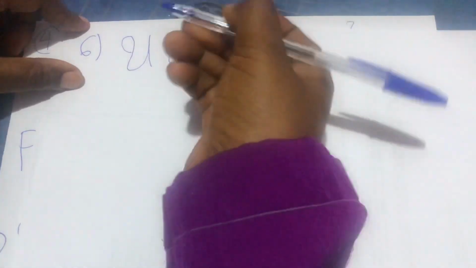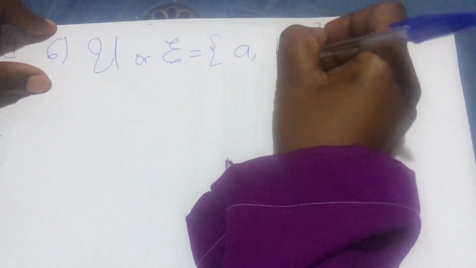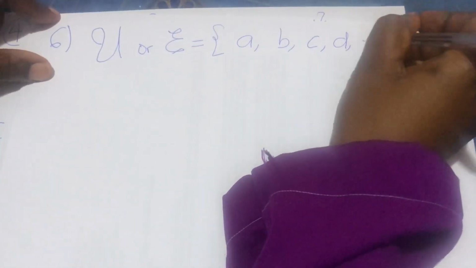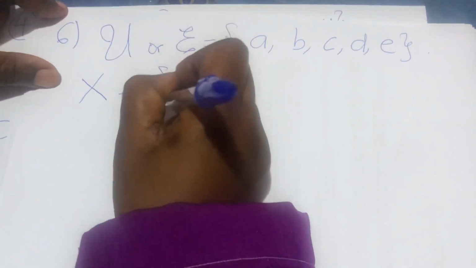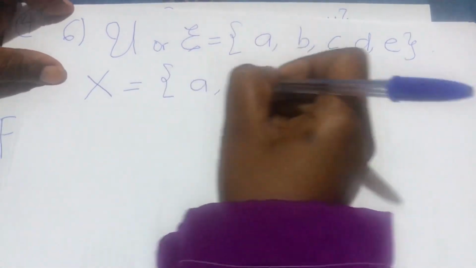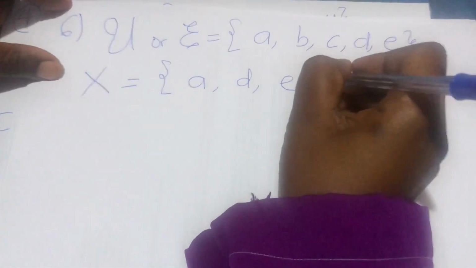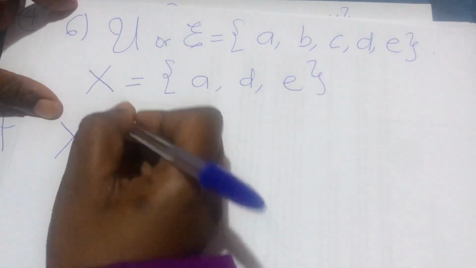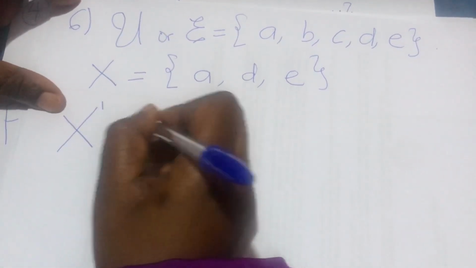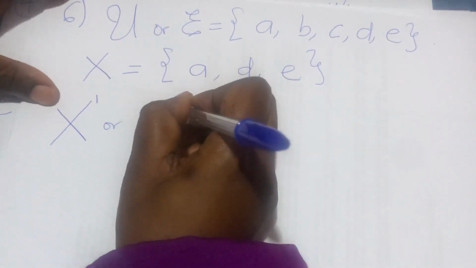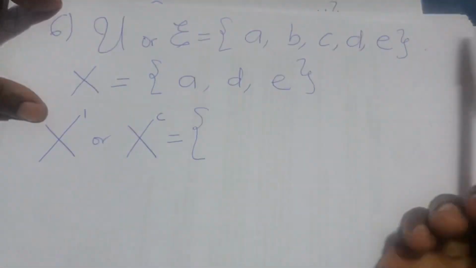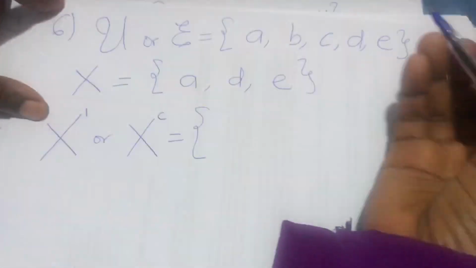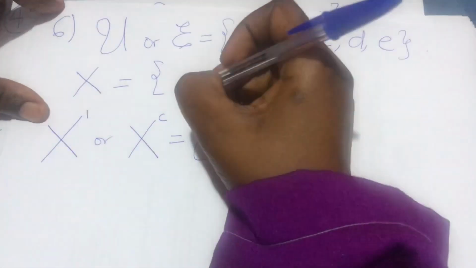So let's say the universal set is A, B, C, D, E, and X contains the elements A, D, E. We want to find X prime, or X complement, which will be all the elements that we can find in the universal set but cannot find in X. Those elements that we can find in X and also in the universal set, let's cancel them out.